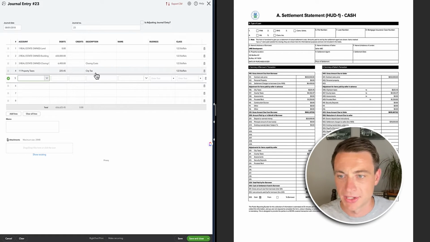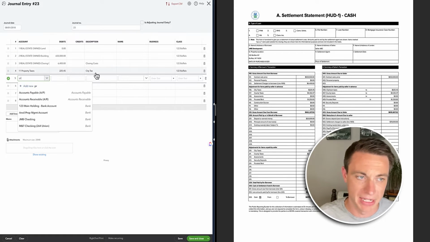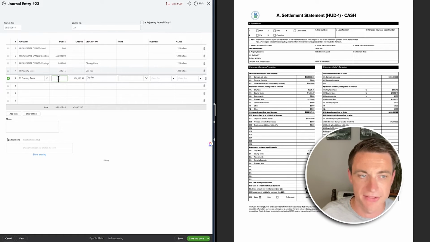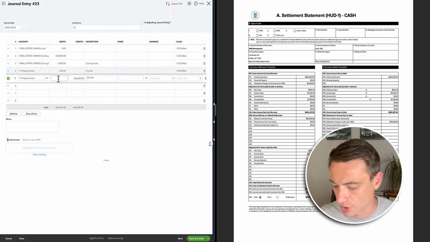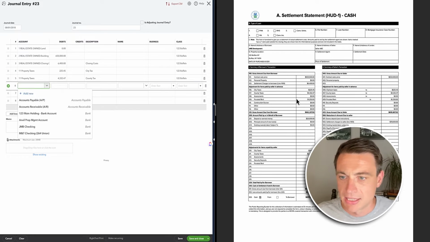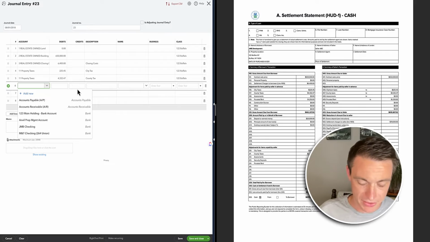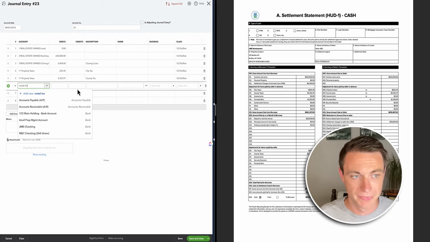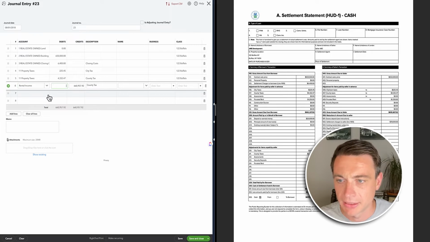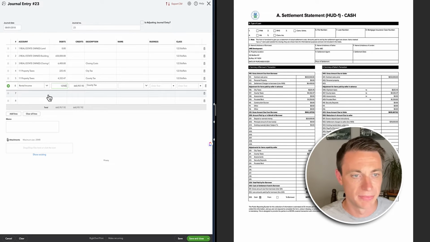Next one is also county tax, so that's property taxes again. I don't find much value in separating out a separate category for county tax versus city tax. I think just having one account is good, and then in our description we can indicate county tax. All right, next is prorated rent. So this is actually rental income that it looks like I'm getting, okay, but I shouldn't have gotten the whole thing because of the dates.